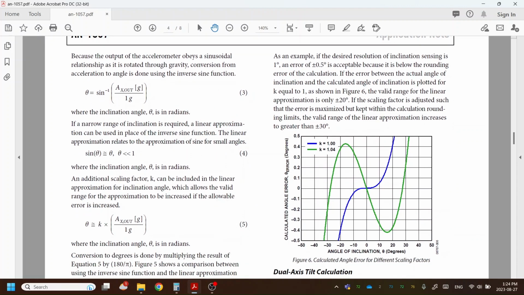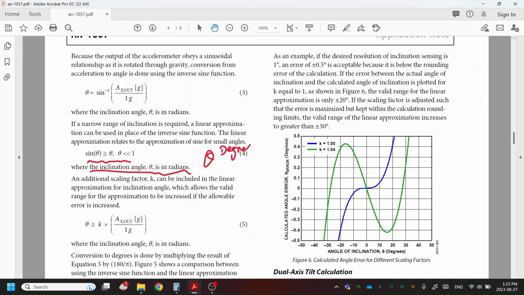If you know the Taylor expansion, you will know that at small angles sine theta approximately equals theta. But remember, theta is in radians, not degrees.